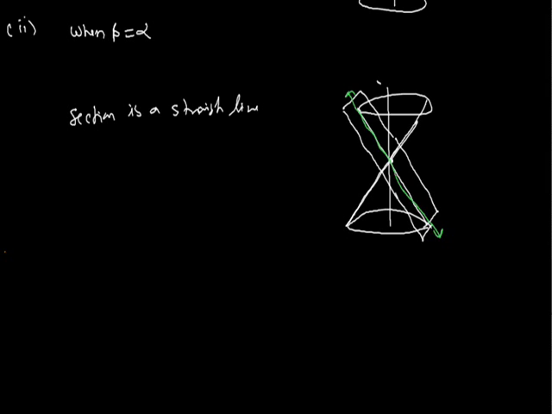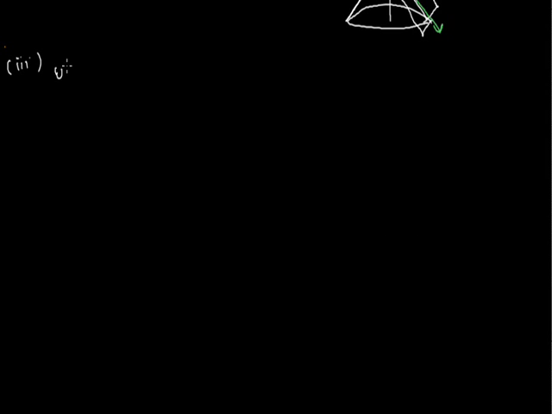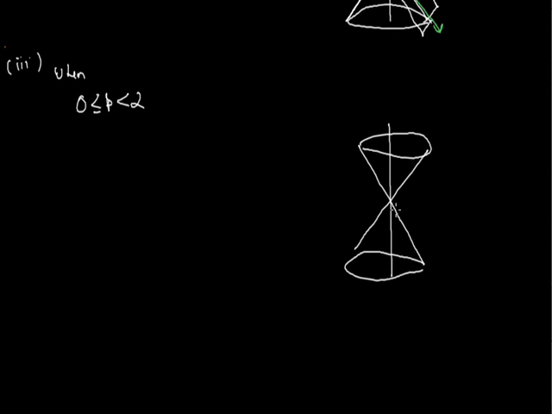Now in the third and last case, when beta is between 0 and alpha, in this situation we can make another diagram. When beta is less than alpha but greater than 0, the section is a pair of intersecting straight lines.